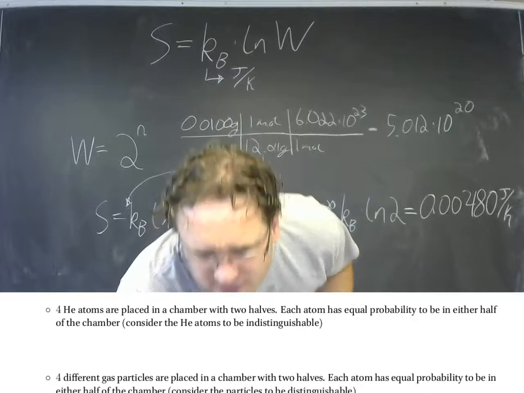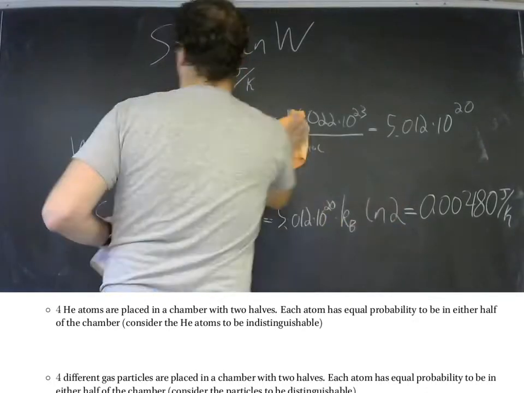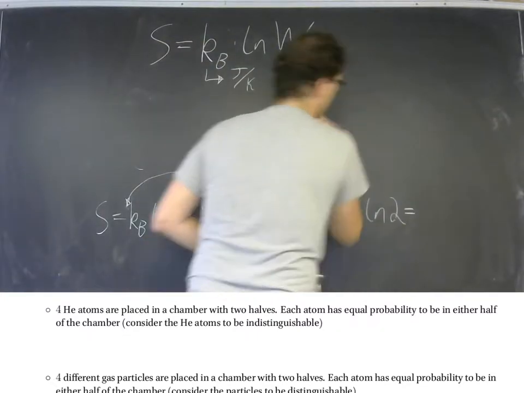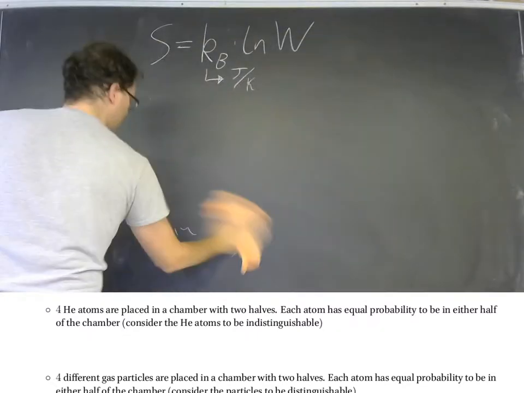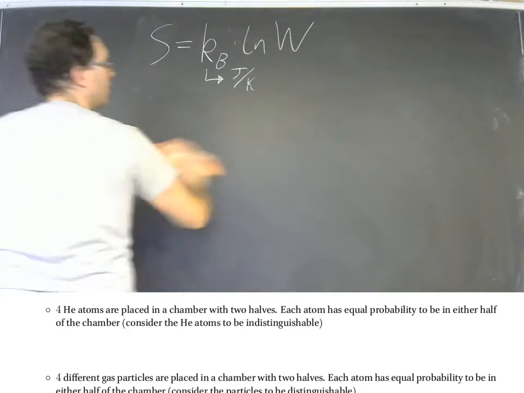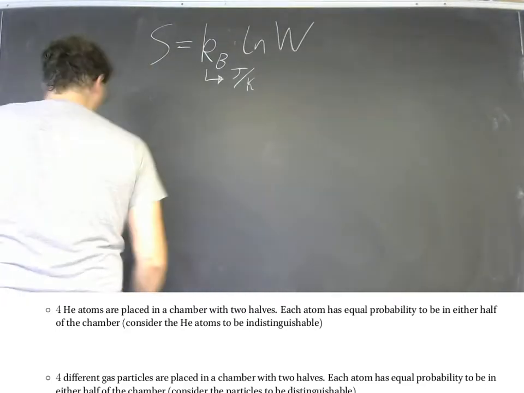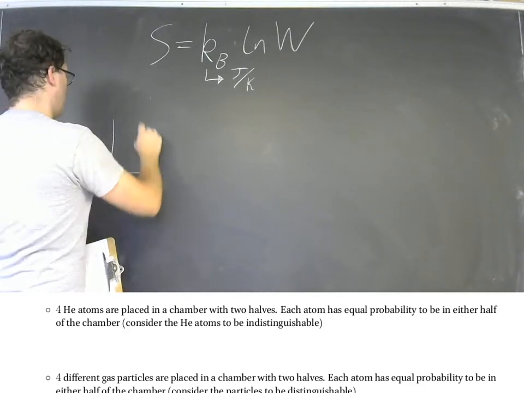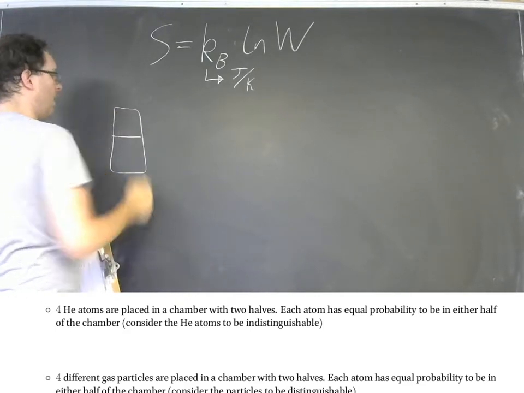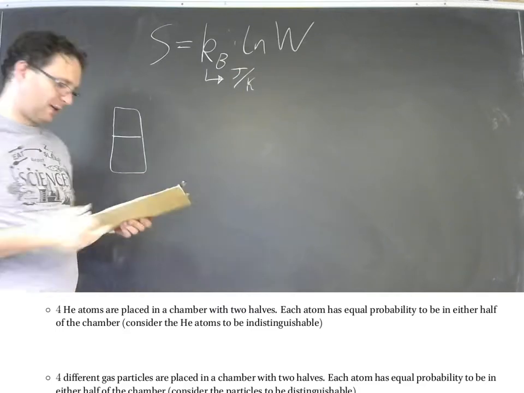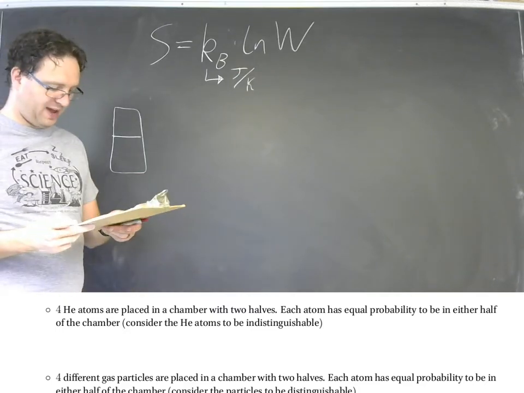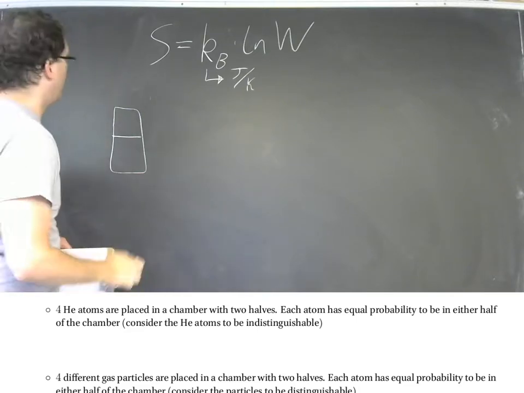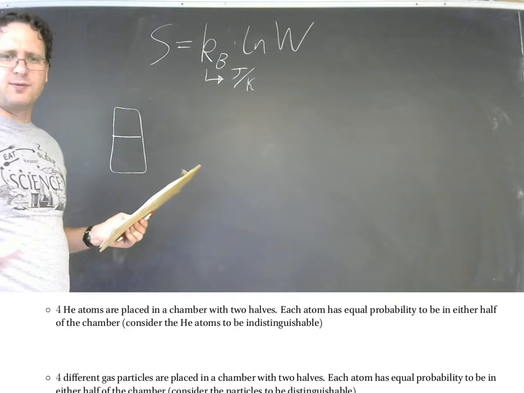Okay, and this next one is looking at the arrangements of gas molecules. And so if we have a chamber with 2 halves and 4 gas particles, 4 helium atoms, and they're indistinguishable, then how many different microstates are there?